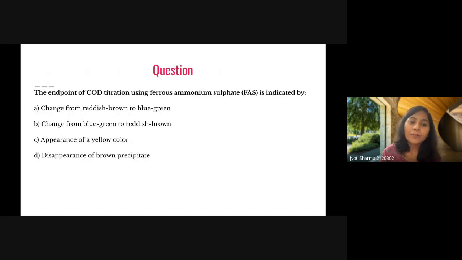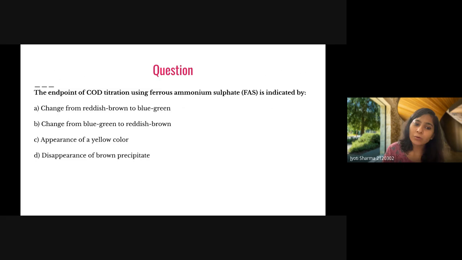Okay, the endpoint of COD titration using FAS is indicated by what? So there must be a change, right? Whenever we are doing a titration, there will be some endpoint or turning point where the color will change. So if we are doing the COD titration using FAS, then what kind of color will change?